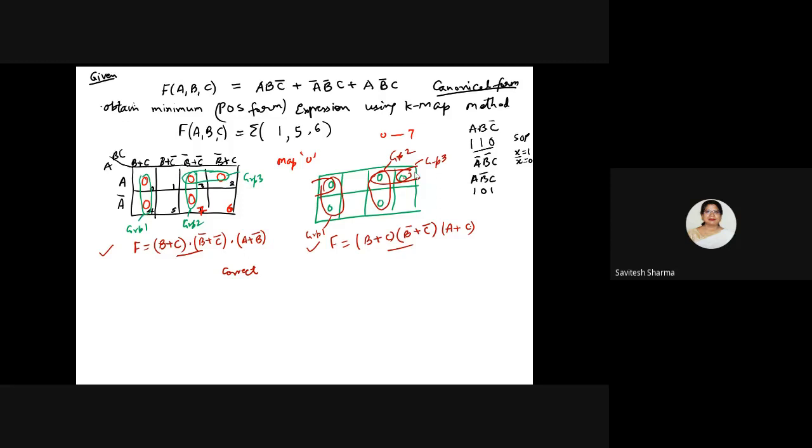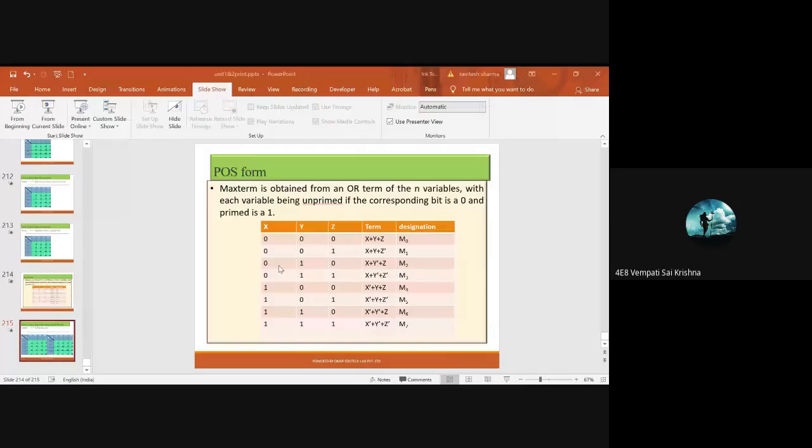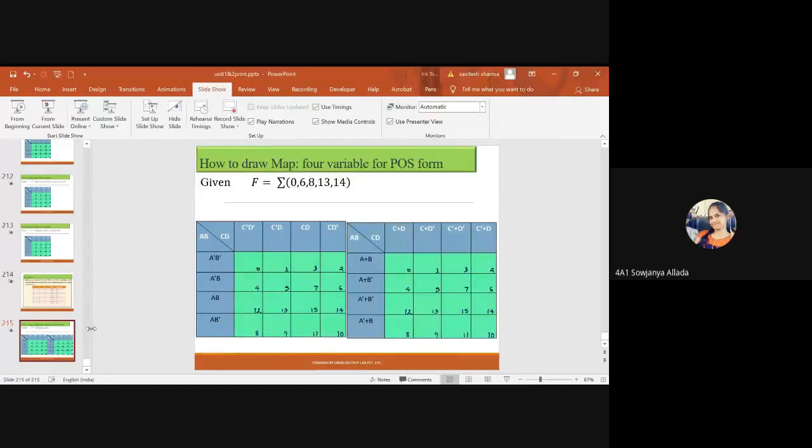Everyone comfortable? I hope you are comfortable now. Everyone comfortable how to map the function? Okay, I think time is over.